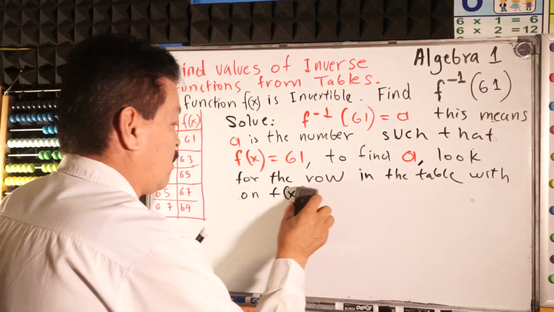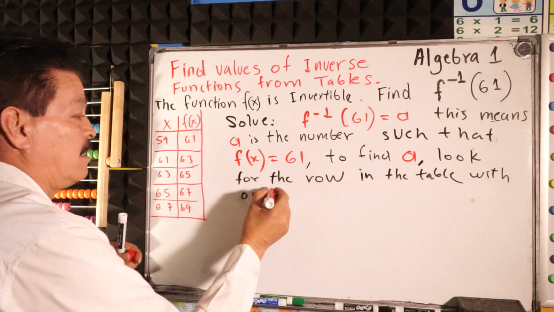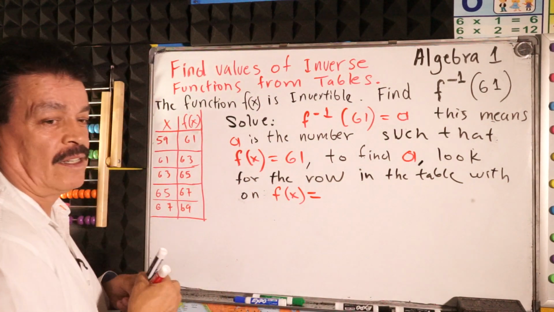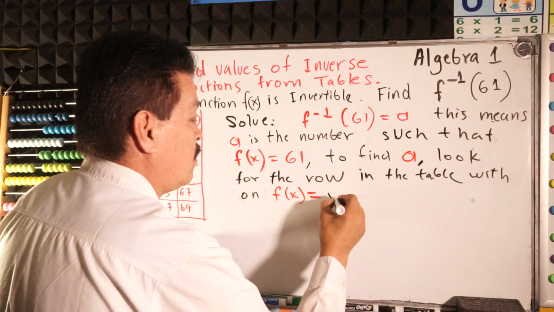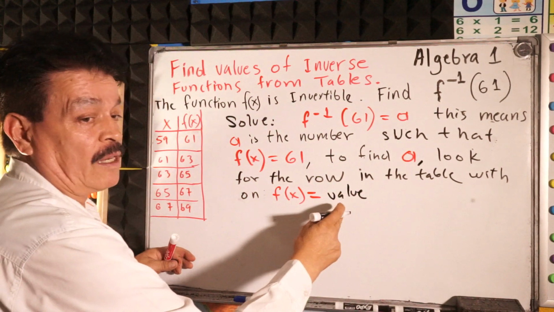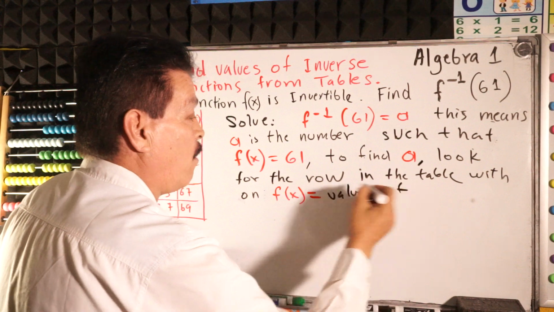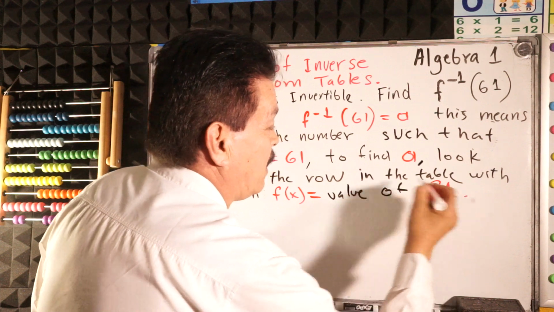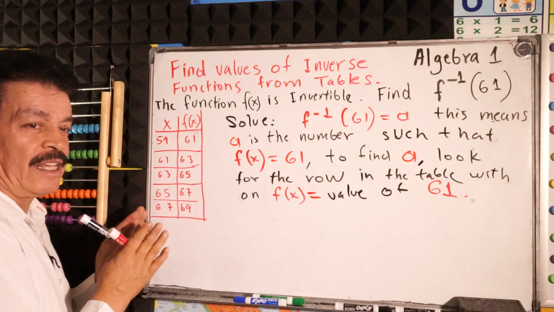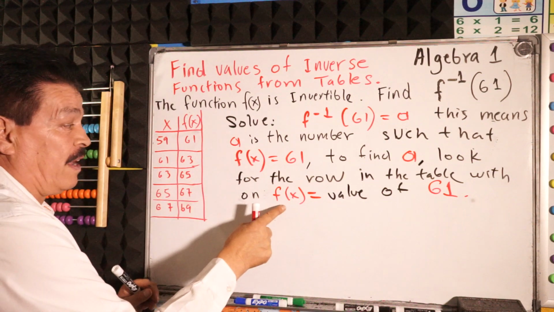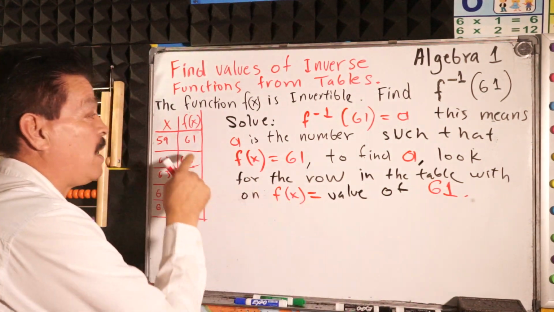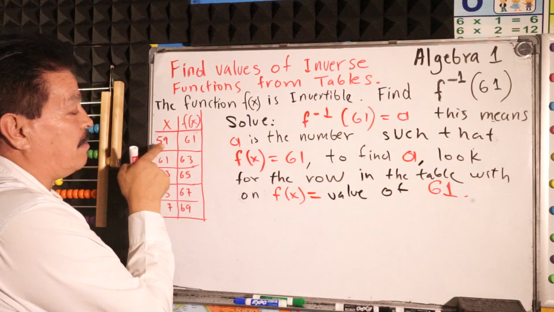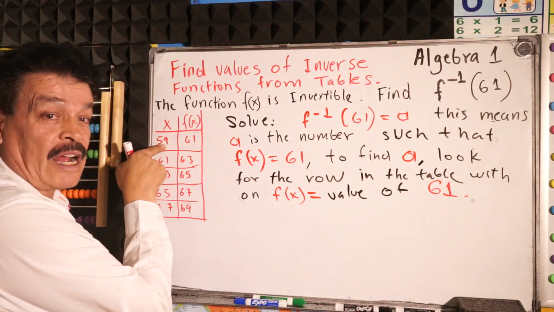Let's write that with red color here. f of x equals the value of 61. I write the process, so this is not tricky. Where is the value f of x equals 61? f of x is right here. Where is 61? It's right here. Where is the x value? It's 59. See? So this is our answer.